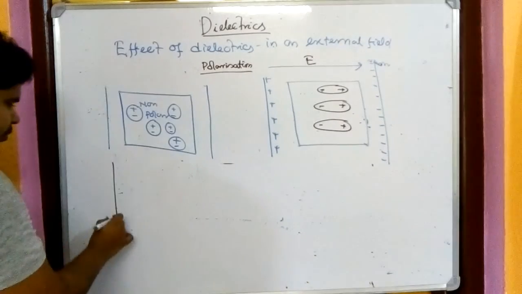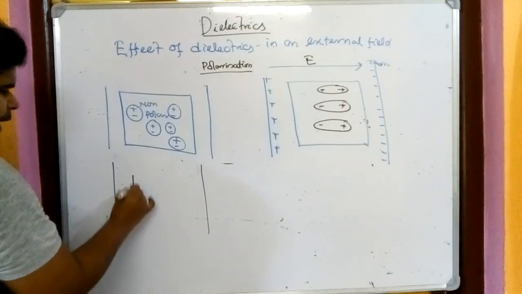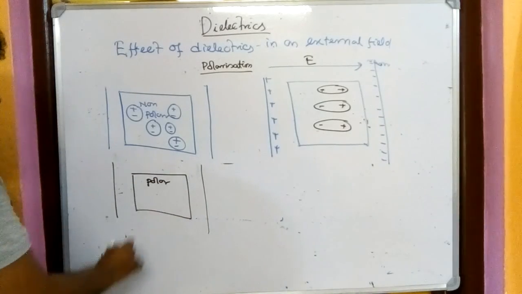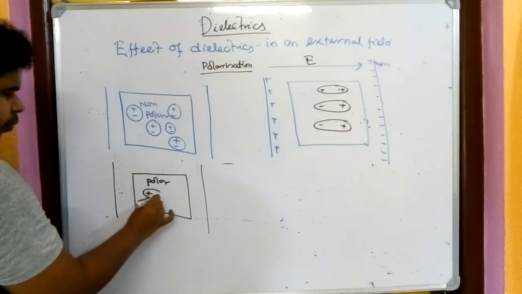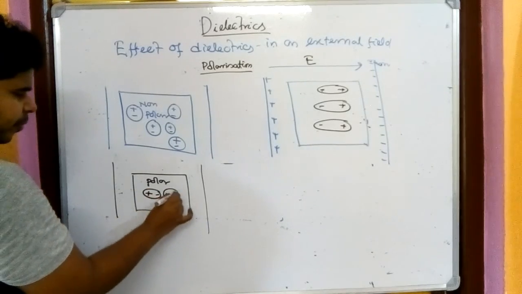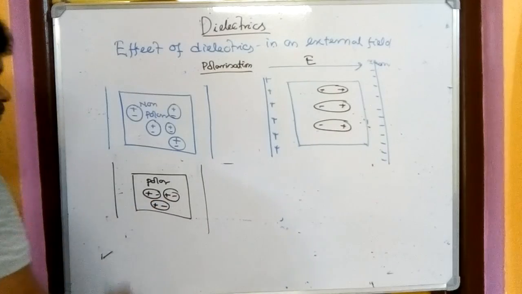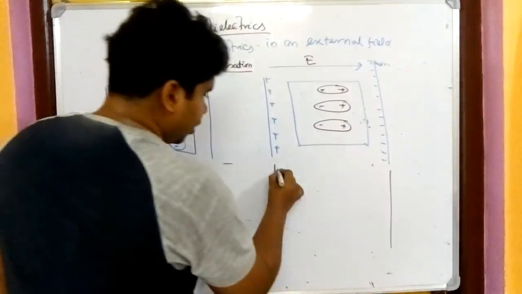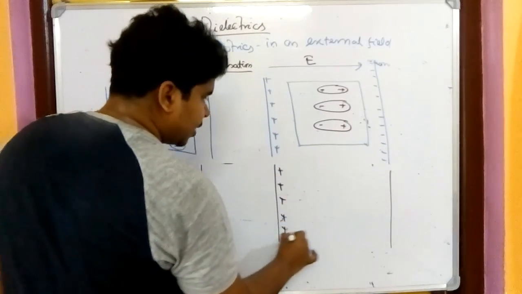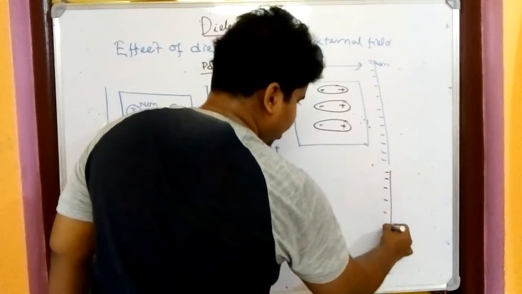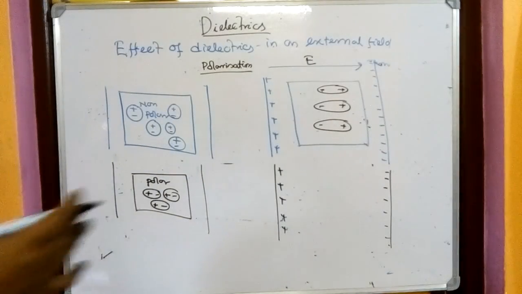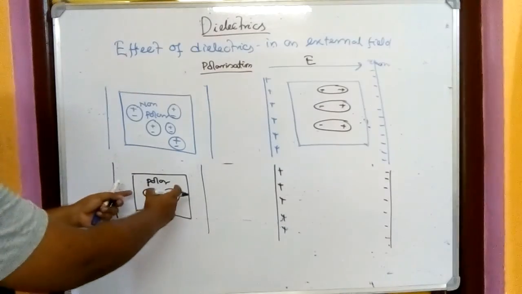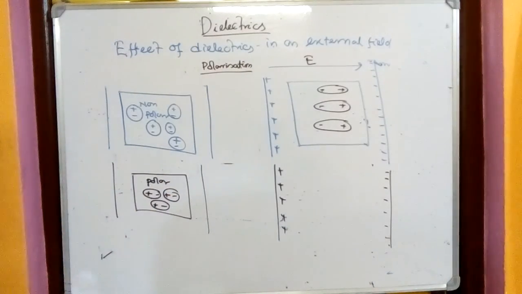But assume I have taken a slab of polar dielectric. Here from the first there is a pole, but whenever you put it inside the electric field, definitely the length of the pole will be increased, because they had formed the pole in a very small area.